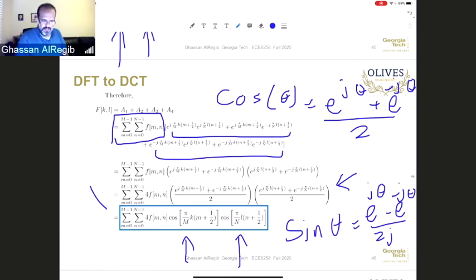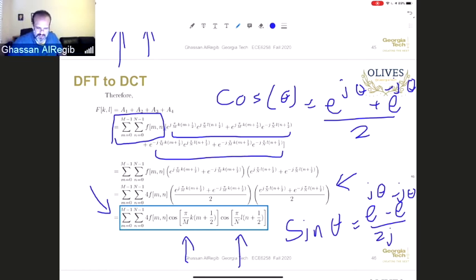So with this, what we have is the DFT of this image. The extended version of the image f is nothing but a double summation, with some constant, of f of m and n. But now this extension, mirroring on the y-axis, mirroring on the x-axis, and around the origin with that half shift, gave us new basis functions.